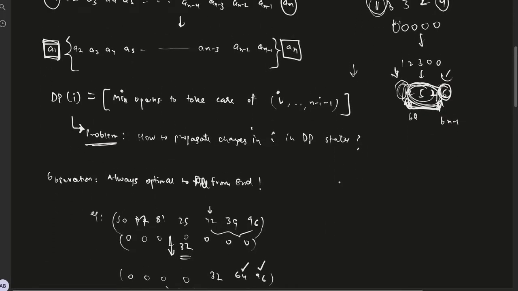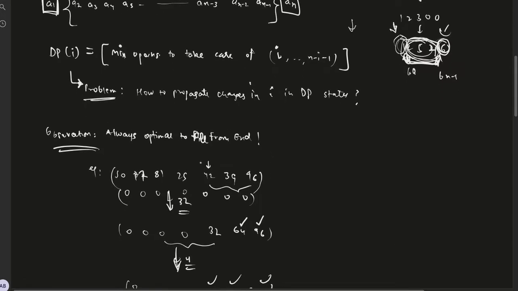So another observation I had to make was that it is always optimal to fill from the end. The reason being, let's say we want this to be 42. One option is to start the segment from this element, which will take us 42 operations, while the other option is to start the segment from this element, which will take merely 42 by 3.